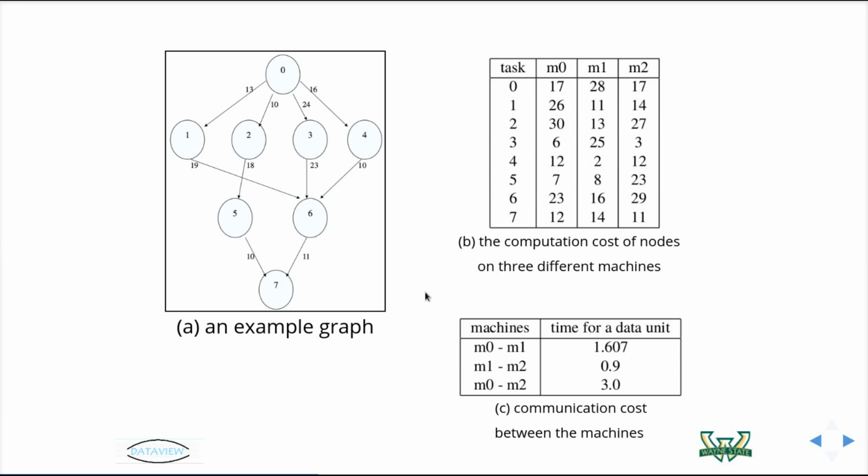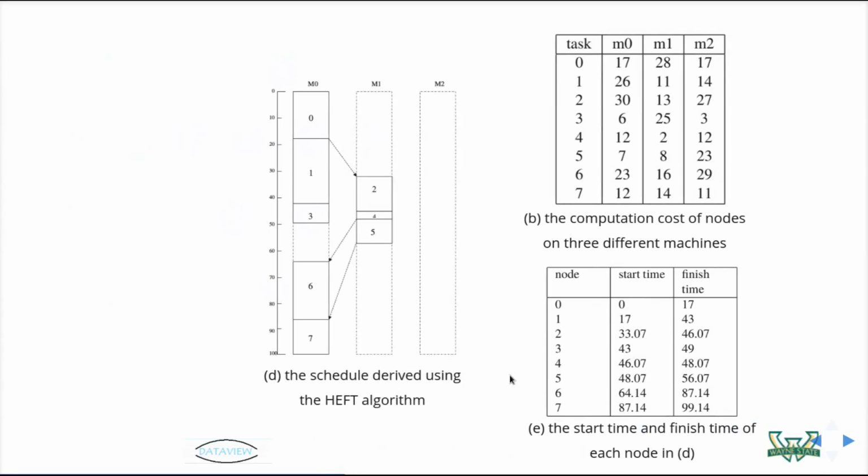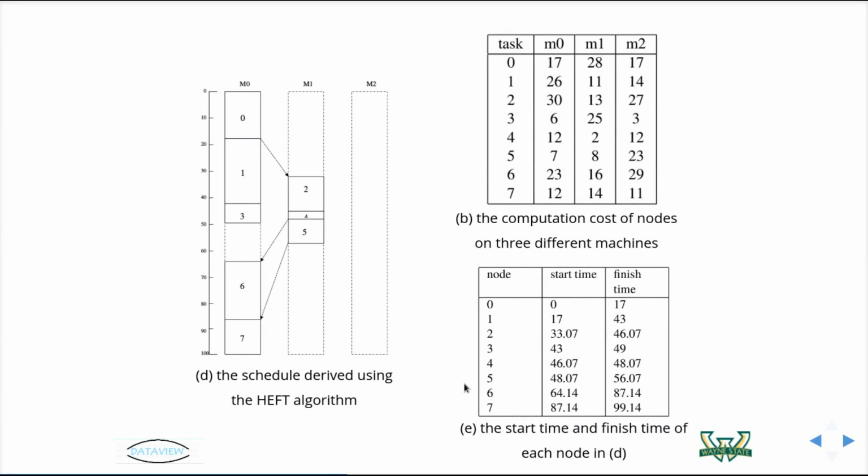As we can see, here we have an example of a DAG with the computation cost of nodes on different machines. We have three different machines and also the communication cost between these three machines. Here the schedule length produced by the HEFT algorithm is shown.